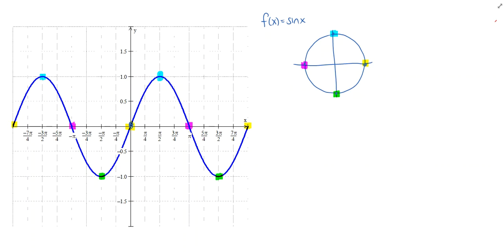Now, the relationship to this with your function of 1 over sine x, which we also know to be cosecant x, is that wherever there is a 0, 1 over 0 is going to become an asymptote. So if I was to sketch this on here, I will have asymptotes occurring wherever it crosses the x-axis at 0, just like so.